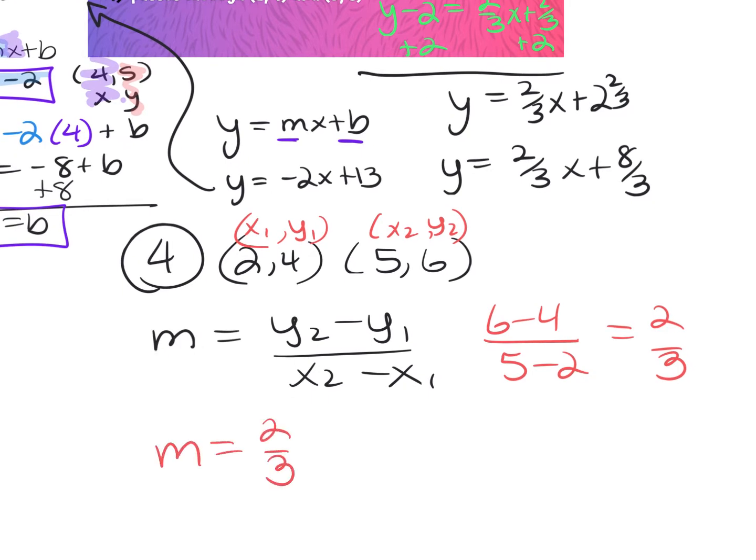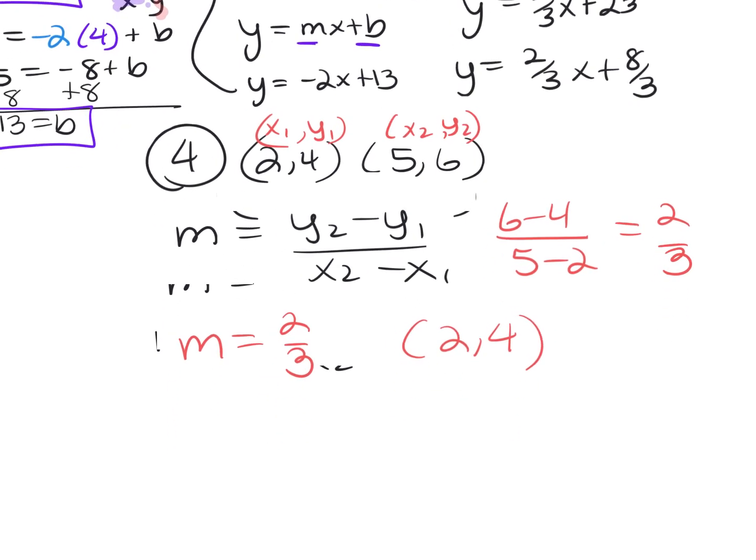And now, because you're putting it in slope-intercept form, it doesn't matter which ordered pair you choose. I'll go ahead and just choose the first one, the ordered pair 2, 4. And again, I'm going to use point slope. So this will become my x1, y1. If you would have chosen 5, 6, you're going to get the same answer because we're just distributing.